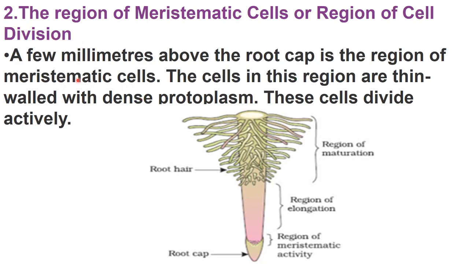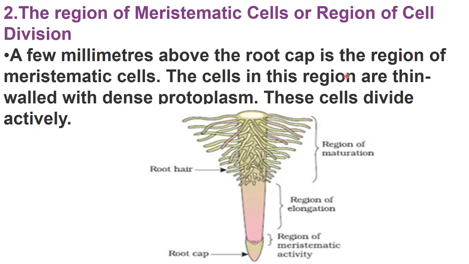What are meristematic cells? Which can undergo rapid division. Okay, so this region is called region of meristematic cells or region of cell division. Okay, and where is it present? It is present just above the root cap, a few millimeters above the root cap.